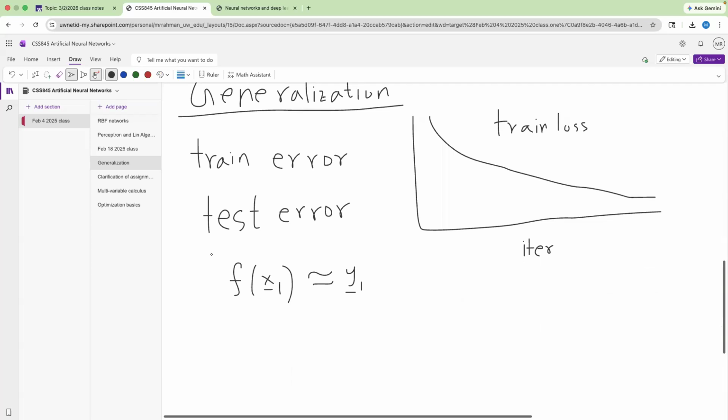The lower the number of mistakes you make, where your prediction f of x1 is not equal to y1, the lower the training error and the better your training performance, right?